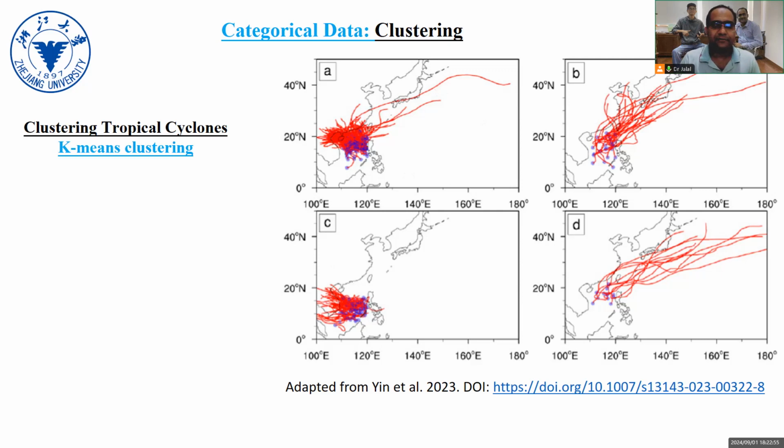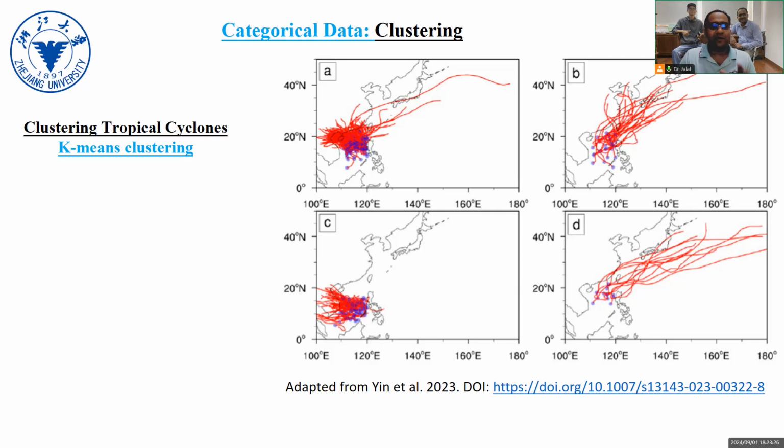Maybe if we have 50 or 100 years of cyclone data and you want to categorize them, you want to cluster them: the straight moving cyclones in one cluster, maybe recurving in another cluster, or different types of cyclones. Based on this clustering, their characteristics, their structure, and their relationship with the large scale environment or other factors are different.